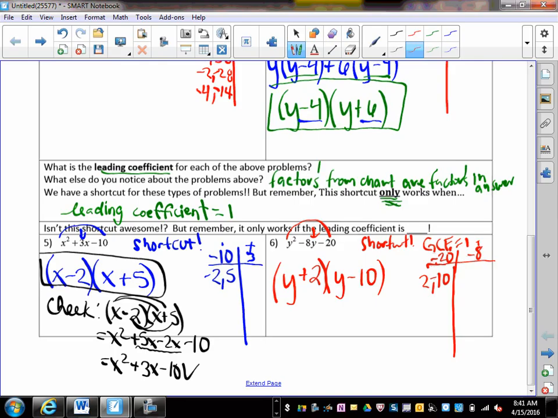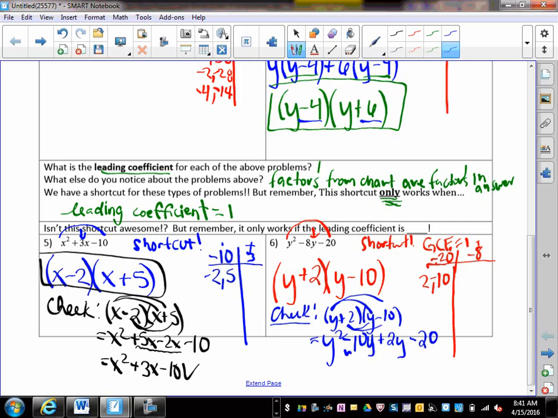Okay, let's check it to make sure we did our shortcut correctly. y plus 2, y minus 10: y squared, negative 10y, plus 2y, minus 20. We can combine these together. y squared minus 8y minus 20. Does this match? Good, it works.